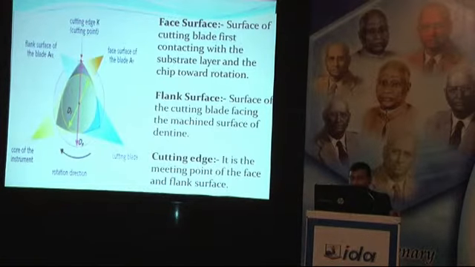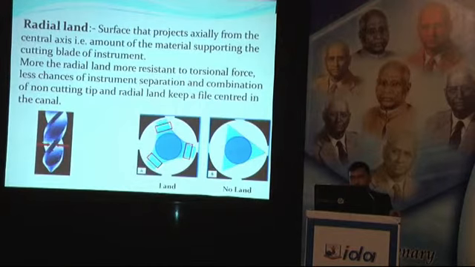The cutting edge is the meeting point of the face surface and the flank surface. The radial end is the surface that projects axially from the central axis, that is, the amount of material supporting the cutting blade of the instrument. The more radial end, the more resistant to torsional forces, with fewer chances of instrument separation, and the combination of a non-cutting tip and the radial end keeps a file centered in the canal.